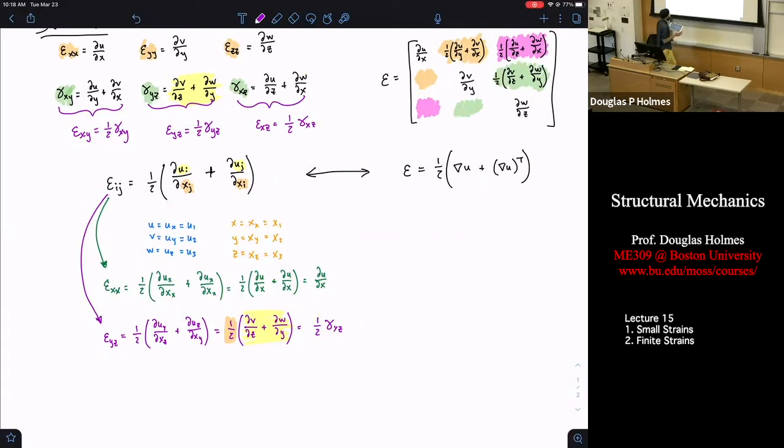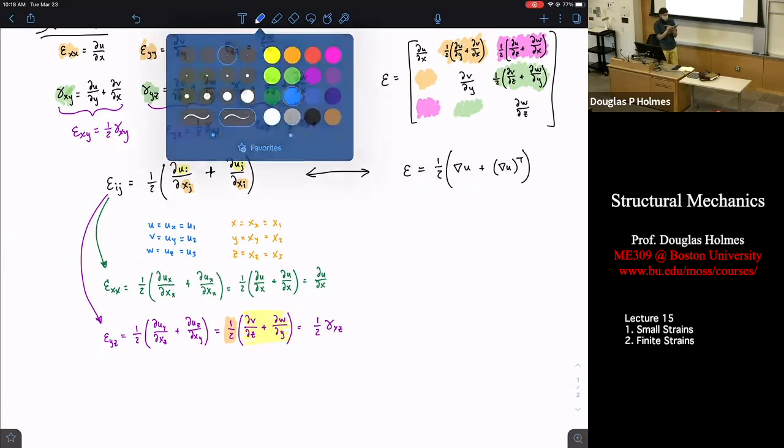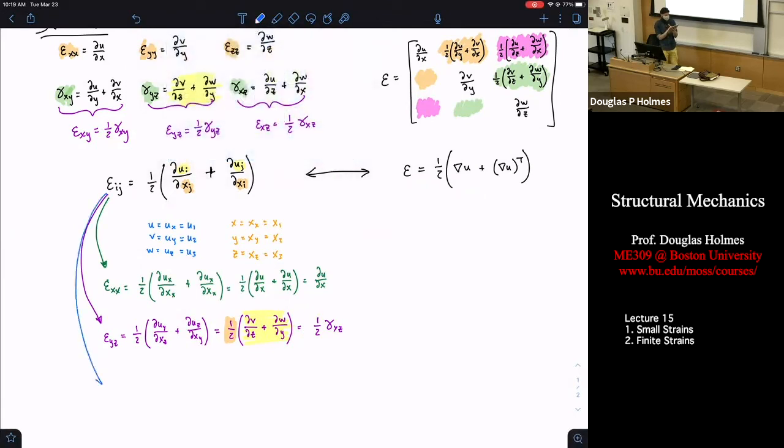It actually gets worse because people don't like writing things with partial derivatives like that. So no one actually does that. What they do is they say, let's introduce one more rule. And we'll say that I'm going to write u_i comma j is equal to the partial derivative of u_i with respect to x_j. Okay, what does that do for us?